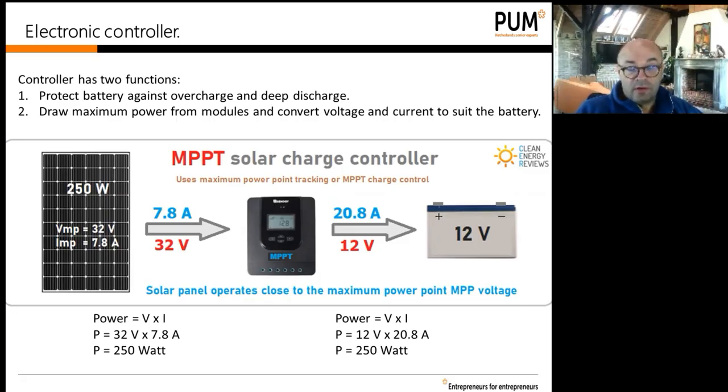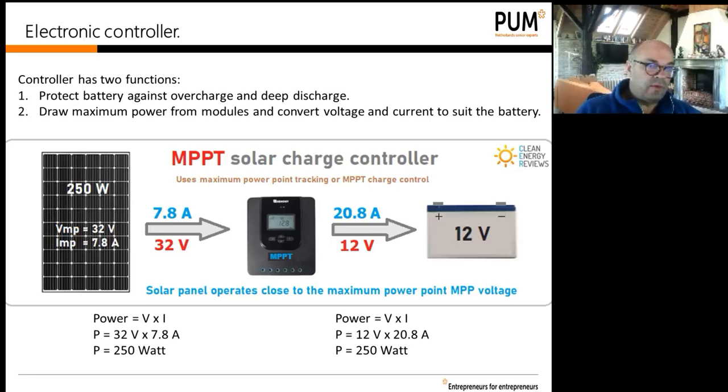The electronic controller has two functions. So if you have a solar module, it generates a lot of power. It goes on and on. And if the battery capacity is full, it's very bad for the battery to fill it with energy.